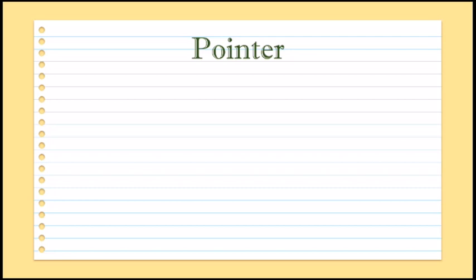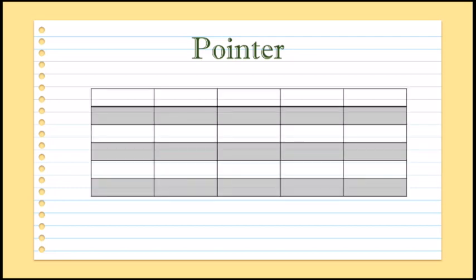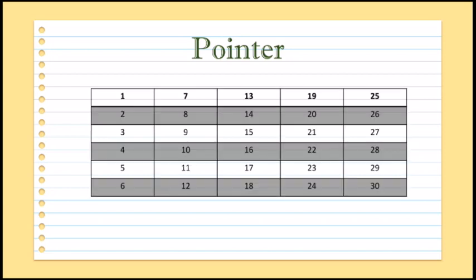Suppose in exam hall there are 30 benches and on each bench there will be a unique roll number written. So according to roll number, on each bench there will be only one student. So in this example, hall is computer memory, benches are memory locations.